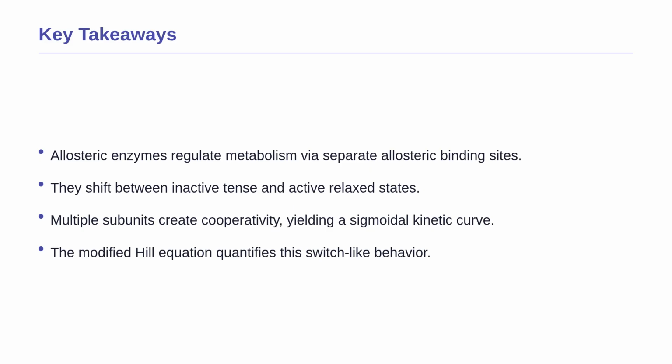Third, their multiple subunits allow for cooperativity, which produces their signature sigmoidal, S-shaped kinetic curve, rather than a simple hyperbolic one. Finally, we saw how the modified Hill equation perfectly models this explosive switch-like behavior. You now have a solid understanding of how biological systems maintain strict, efficient control over complex metabolic pathways. Great job.